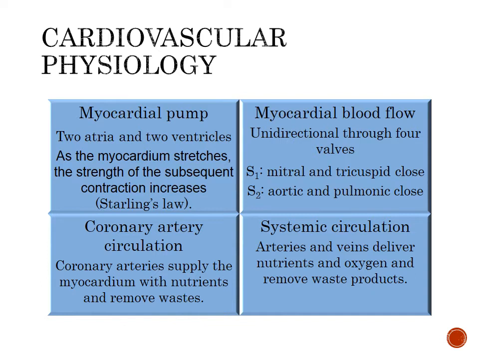Patients that have valvular diseases will end up having a backflow because these valves will not completely close. So there's always a leakage, and many times when you auscultate, you can hear a murmur because they have an incompetent valve. The coronary circulation is a branch of the systemic circulation that supplies the myocardium with oxygen and nutrients and removes waste.